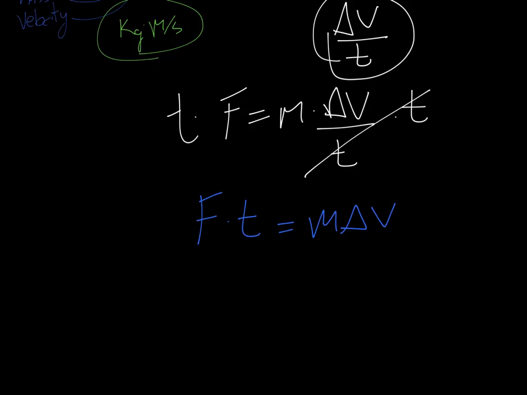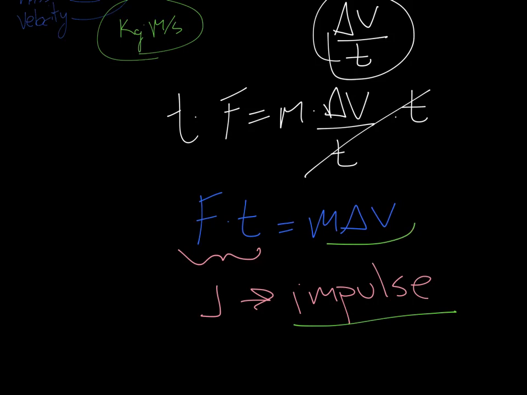Well, this F times t has a special name and a special symbol. We call it J, which stands for impulse. When you apply a force for a certain amount of time, it is an impulse, and as you should be able to see from this equation, the impulse causes a change in velocity, and if my velocity changes, m delta v is going to change my momentum.